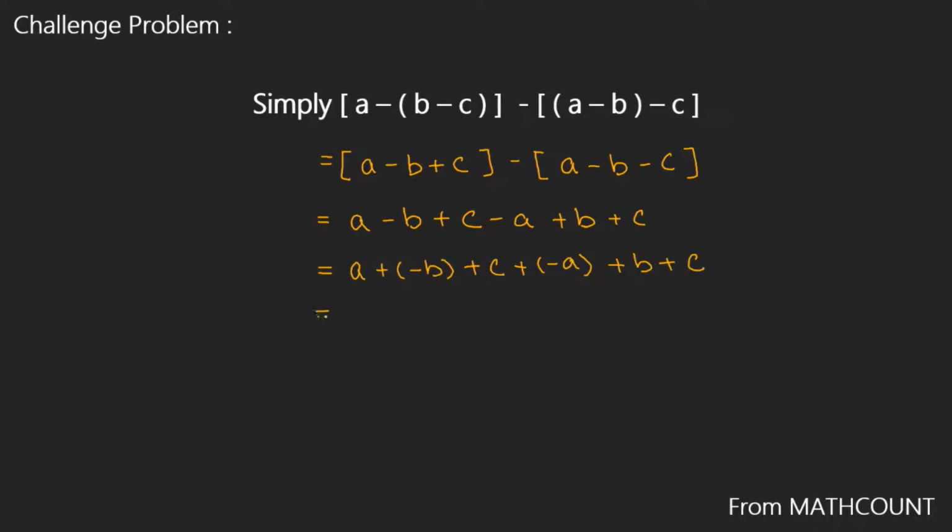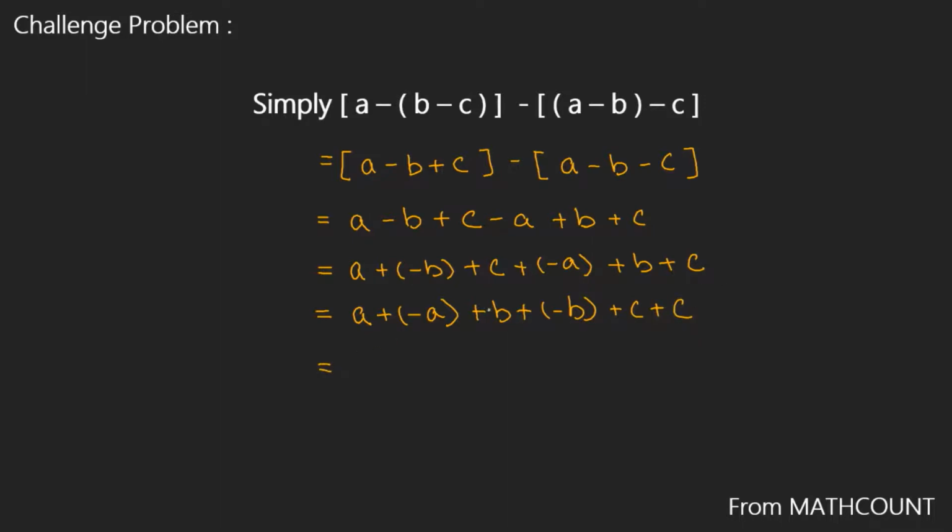Now we can move things around since it's an expression of addition. This becomes A plus negative A, and then we're going to move the B's together, which becomes B plus negative B, and then we're going to put the C's together.